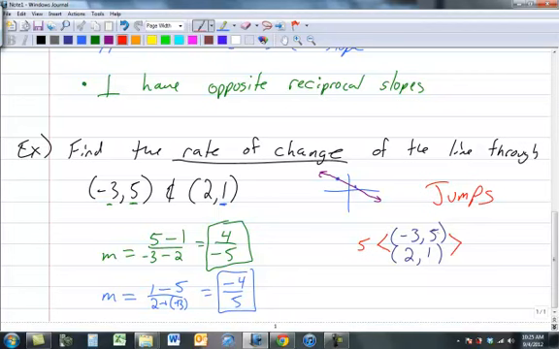Then, how do you jump from 5 to 1? To get from 5 to 1, you go down 4. So slope is the change in y divided by the change in x. In this case, the change in y, these are my y coordinates here, negative 4, divided by 5. It's no different than using the formula, but the jumps, to me, just seem a little cleaner for some reason.